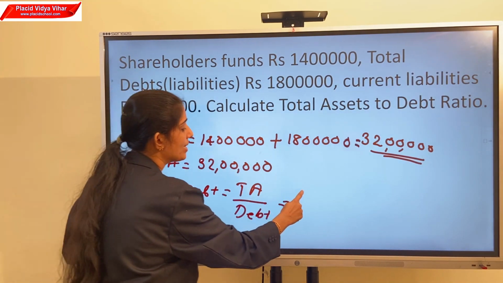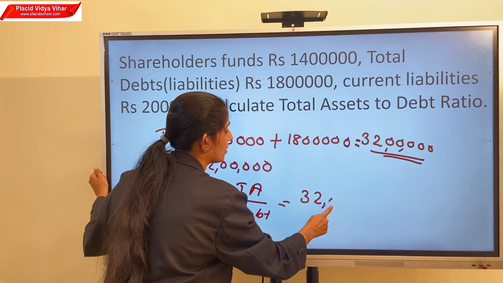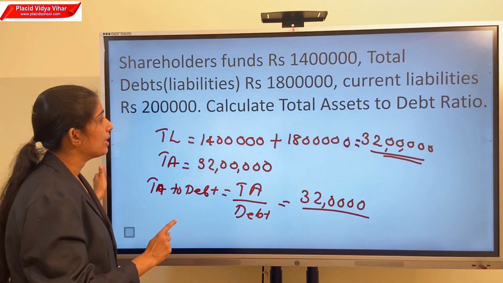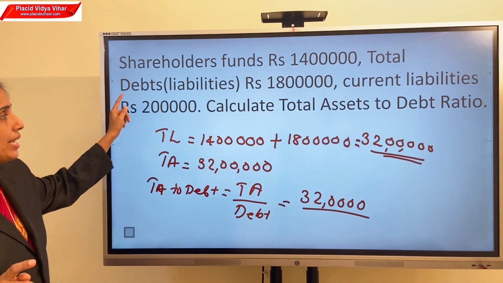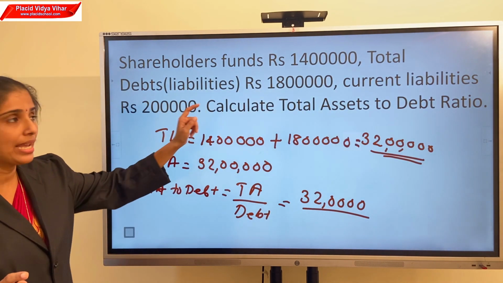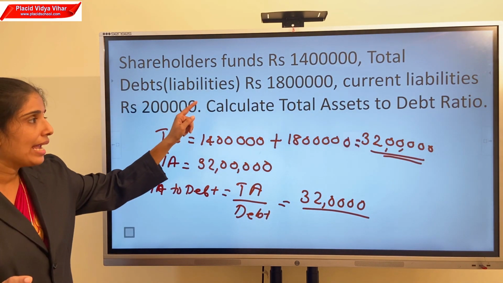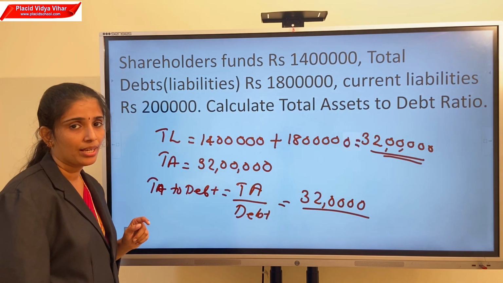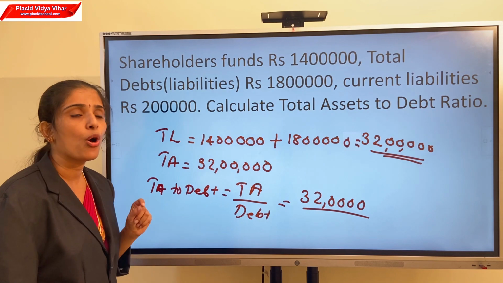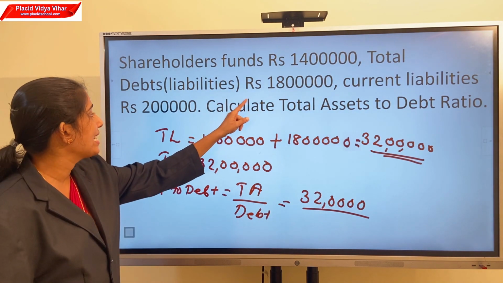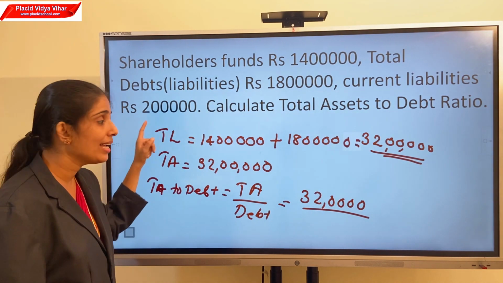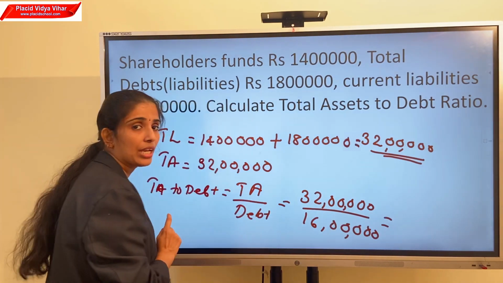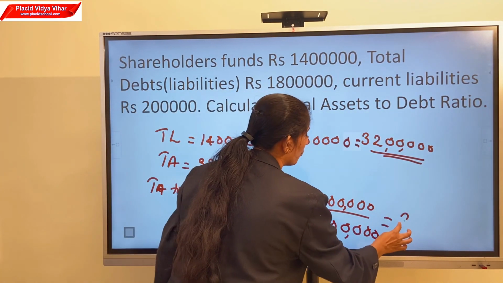Total assets value is 32 lakhs divided by debt value. Total debt liabilities is rupees 18 lakhs. In this 18 lakhs, current liability value is included. That means actual long-term debt is 18 lakhs minus this 2 lakhs, 16 lakhs.